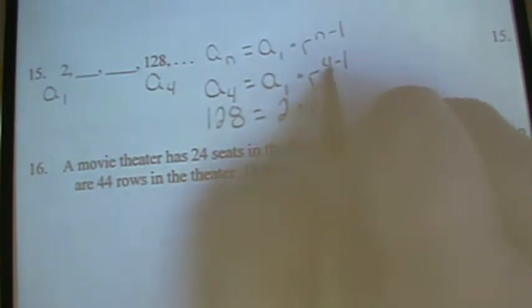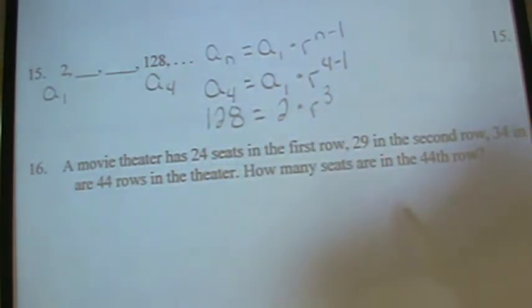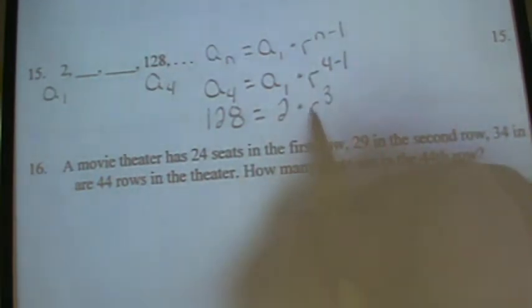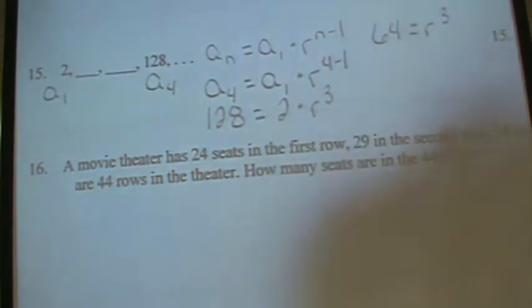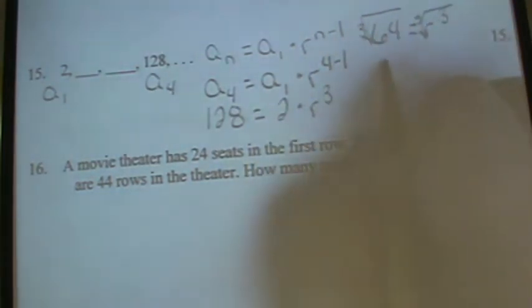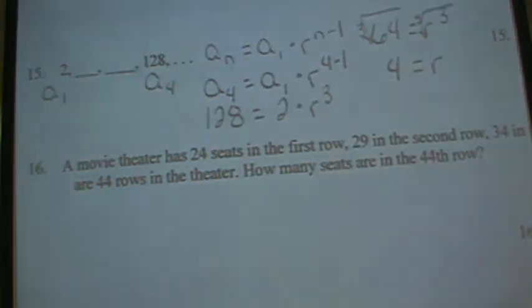Now actually plug in your values. We're going to have 128 equals 2 times r to the third, because 4 minus 1 is 3. To solve for r, we're going to divide by 2. So we get 64 equals r cubed. Then we cube root both sides, and we get that r equals 4.